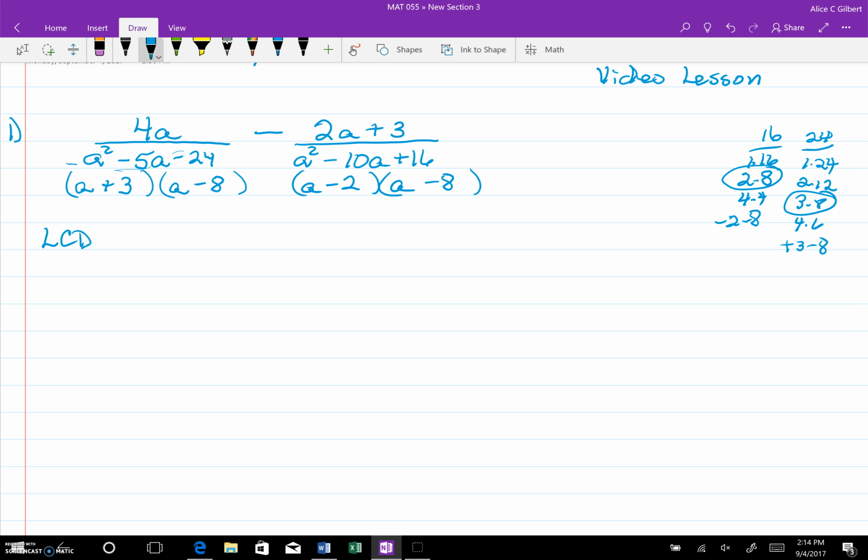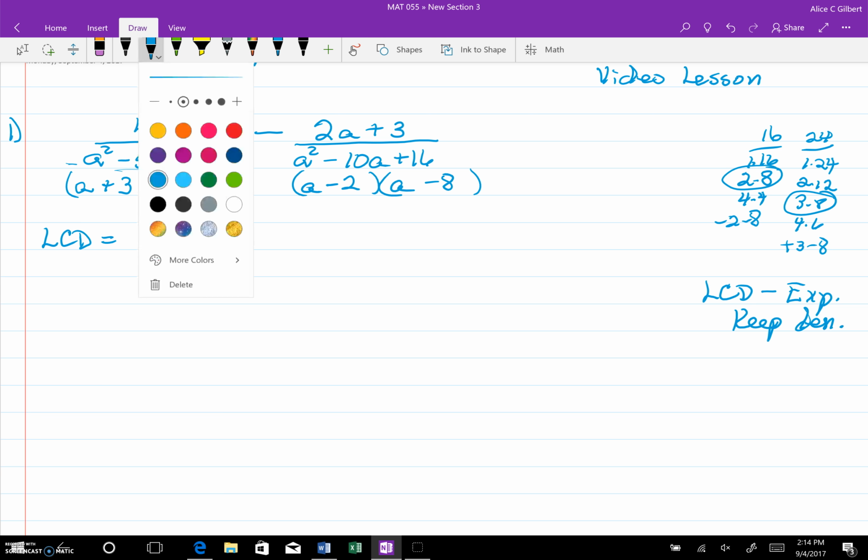And we use LCD with expressions because we keep the denominator. So LCD for expressions, and we keep the denominator. Okay? All right.